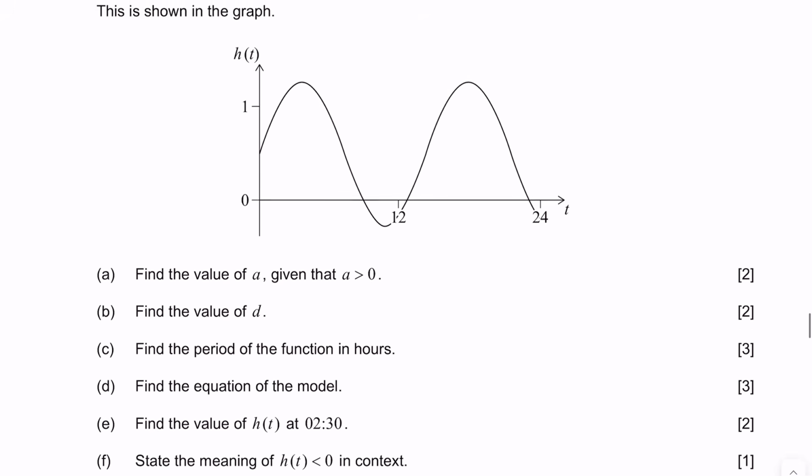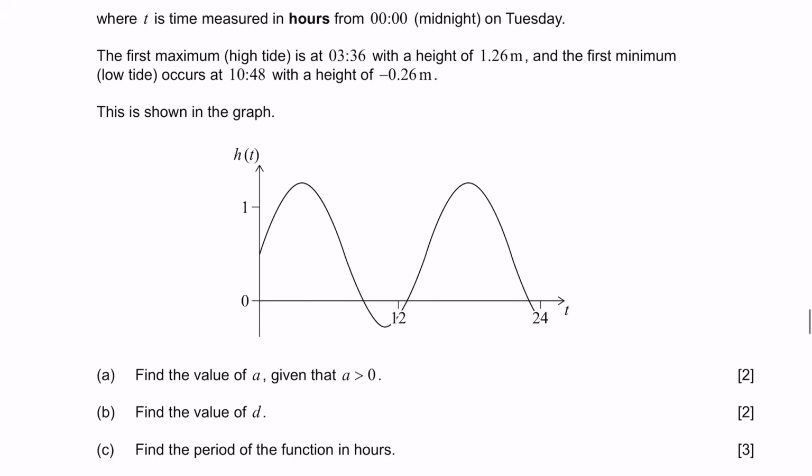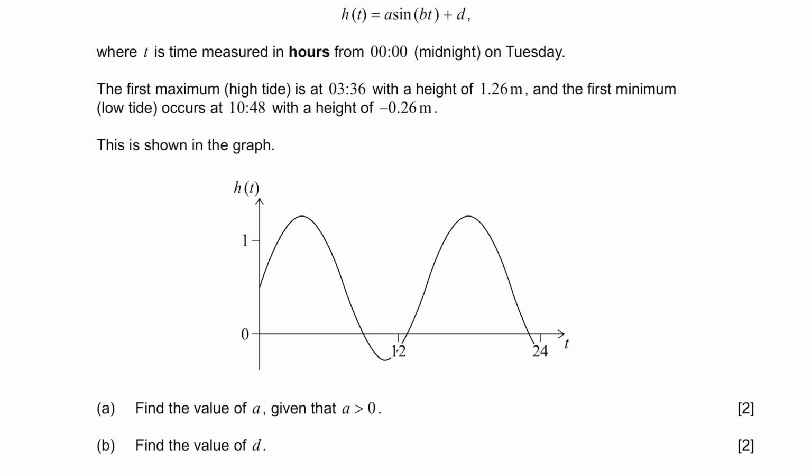Okay, so let's work this out. Find the value of a, given that a is greater than 0. So I think it's often helpful to actually label these points that they give us first. So I'm going to go ahead and start with that. So a is at 3:36 with a height of 1.26 meters. What makes this a more challenging question is that we can't put in 3:36.